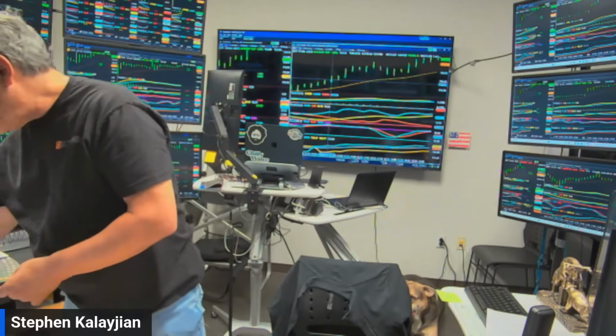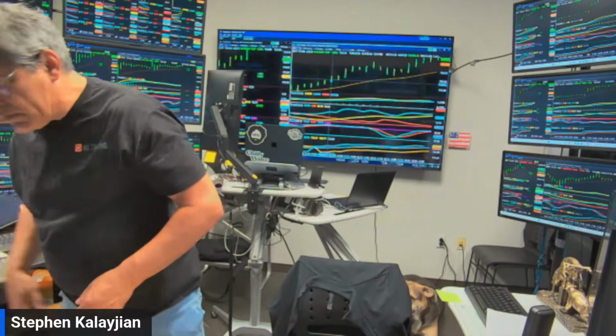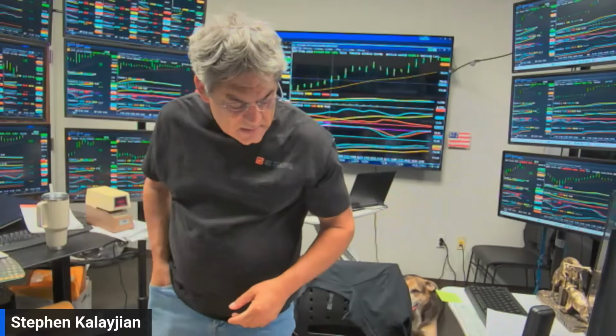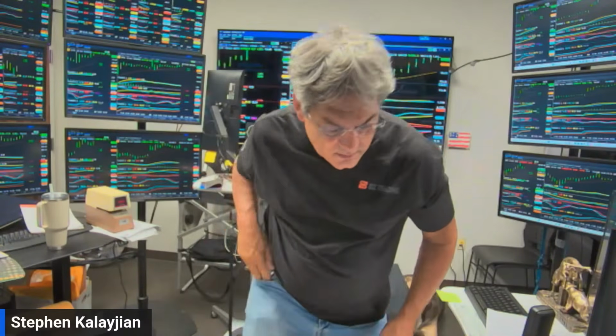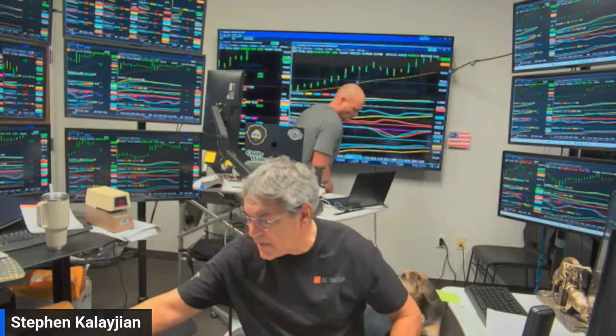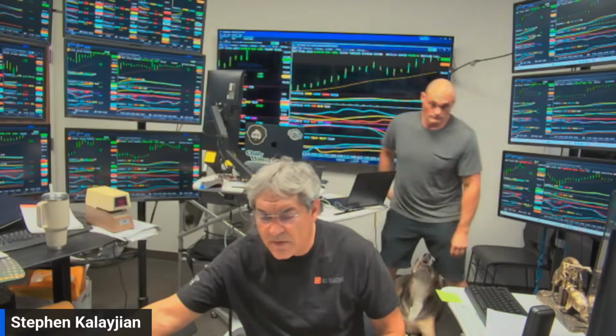97.30. But before I show you the trade in oil, let me show you this one pattern right here. First of all, whenever the ADXs are rising on the 30 and the 60-minute time frame, and in this case the 15-minute right here, you can see how the ADXs are rising.